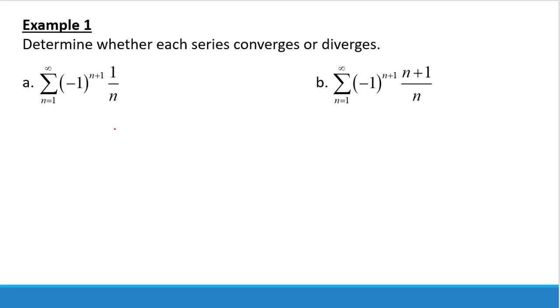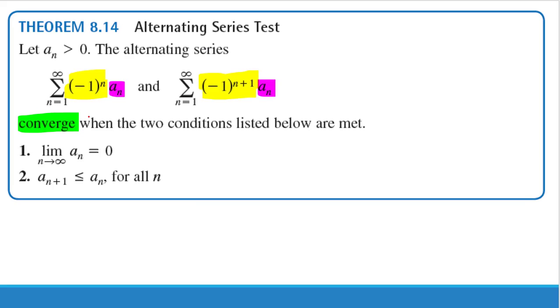Okay, so for the first one, take the limit as n goes to infinity of 1 over n, and that equals 0. Okay, so my first condition is met.